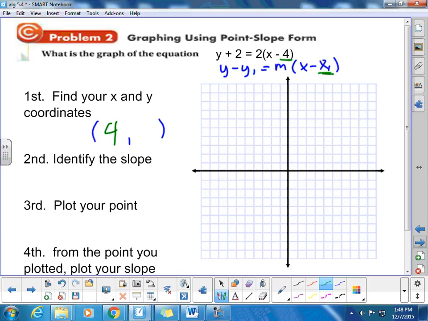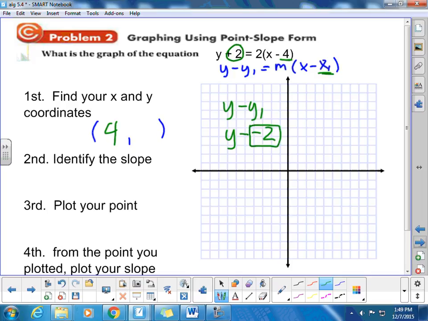The y is a little trickier because it says y minus our y, and I know that that ends up being a positive 2. So it would have to be y minus a negative 2 in order for that to end up being positive, because minus a negative is the same as plus a positive.